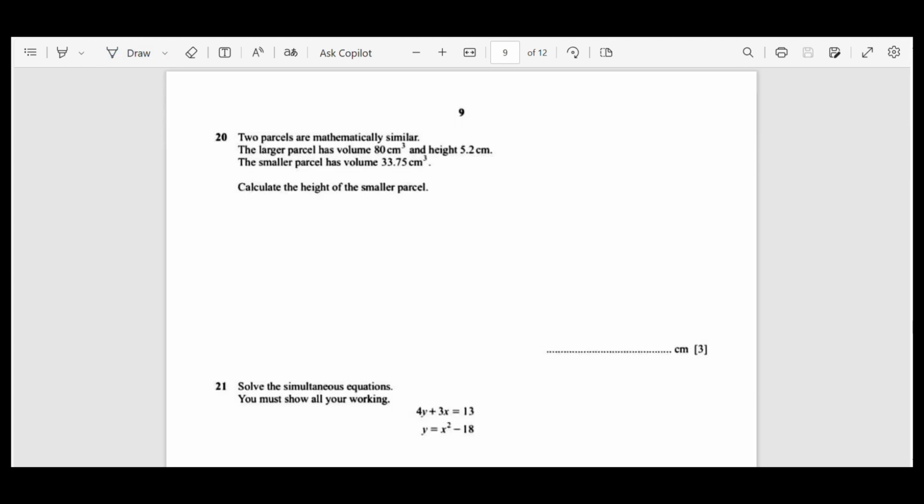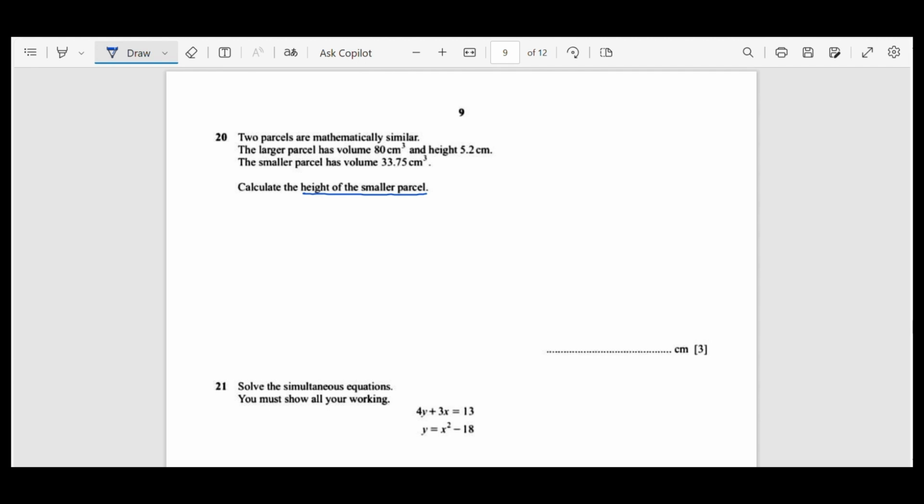So next, question number 20. Two parcels are mathematically similar. The larger parcel has the volume 80 centimeter cubed and the height is 5.2 centimeter. The smaller parcel has the volume 33.75 centimeter cubed. Calculate the height of the smaller parcel. So in this question we need to find the height of the smaller parcel. Right?